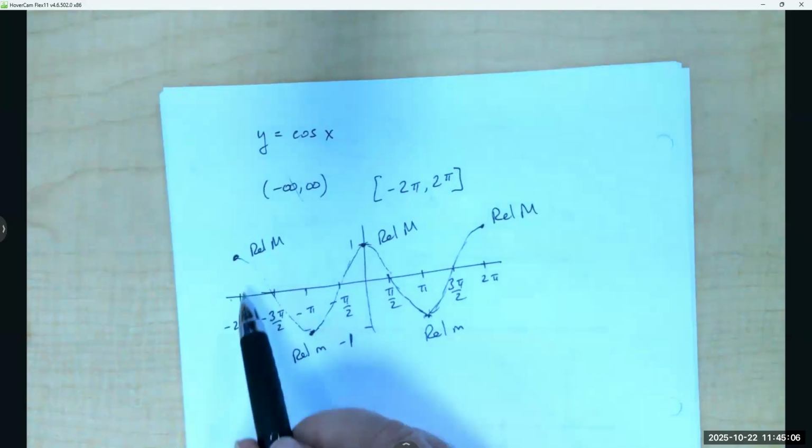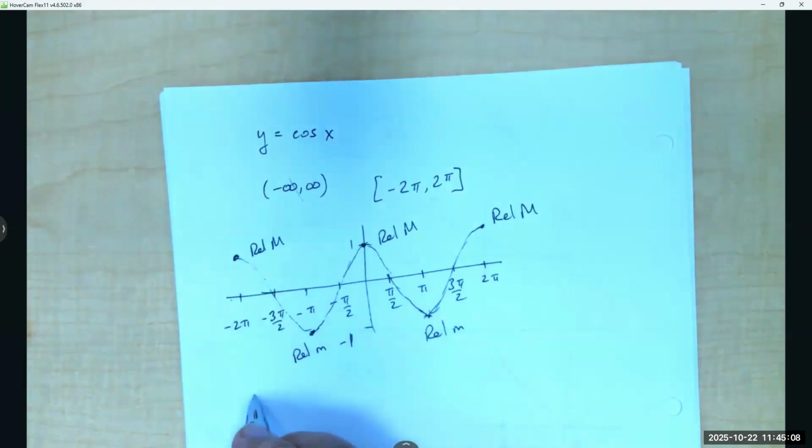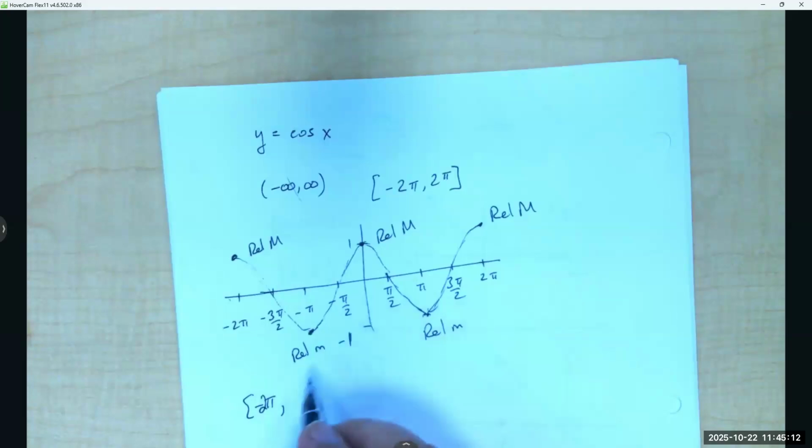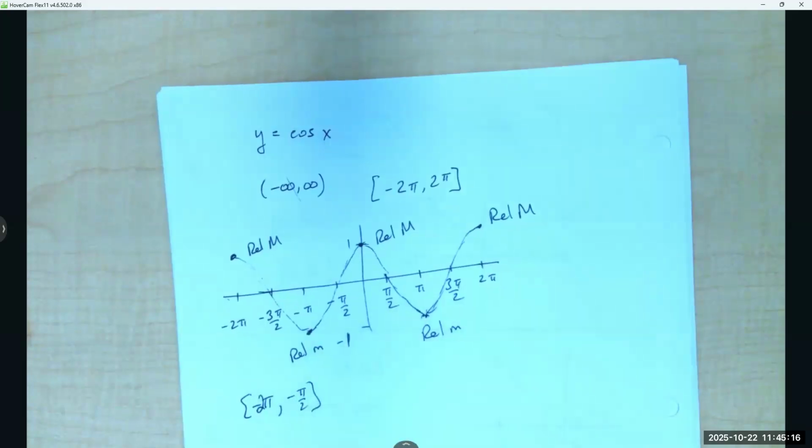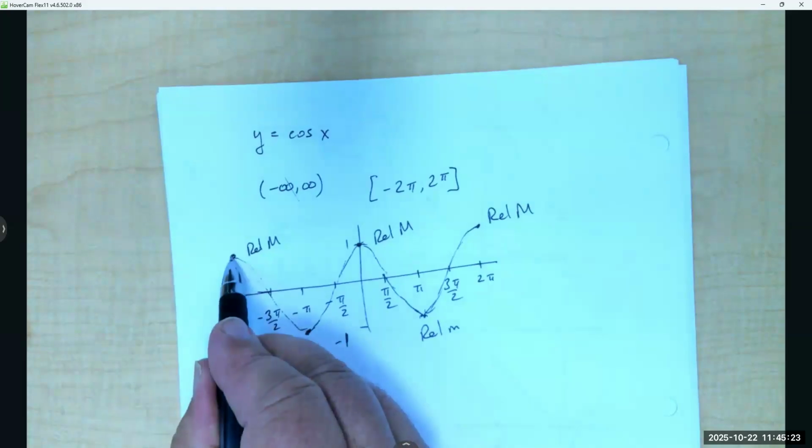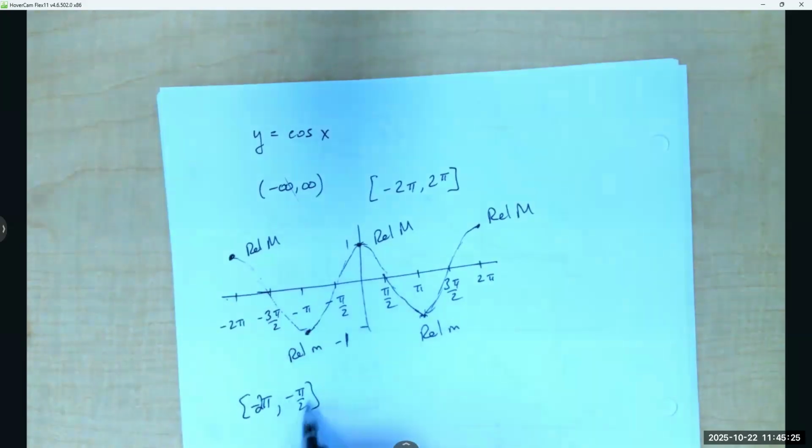Because think of it, for the interval from negative 2 pi to, let's say, negative pi over 2, do we have a maxima, minima in there? Yeah, the maxima is there. The minima is there. But is it an absolute?